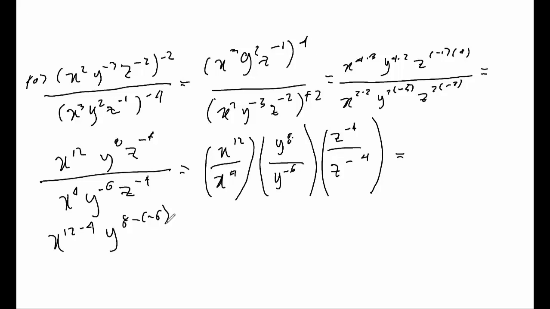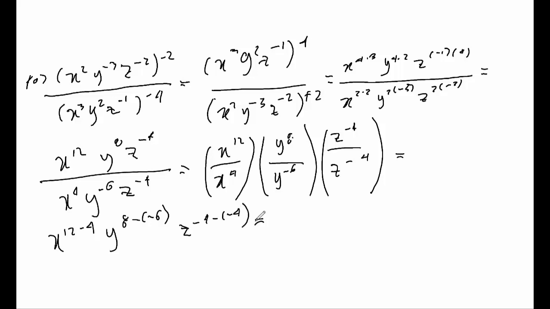Notice how I'm very careful of my signs because it's a quotient. And then I have z to the -4 minus -4.